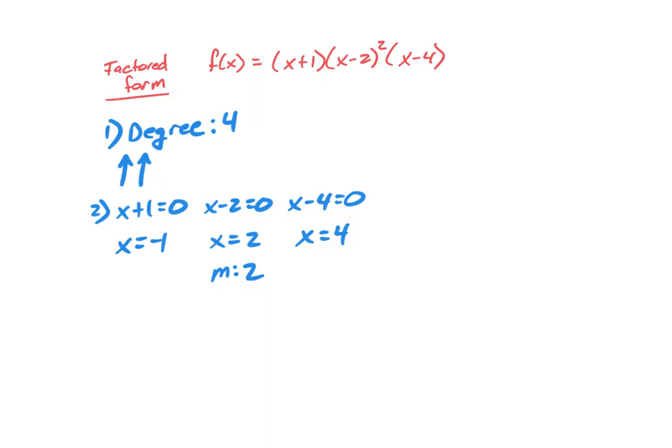Because it was a degree of 4, we said that it could touch or cross the x-axis 4 times, right? But what's going to happen in this one, it's only going to touch the x-axis 3 times.